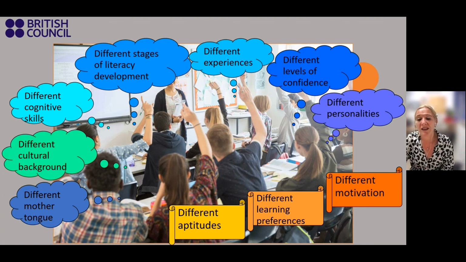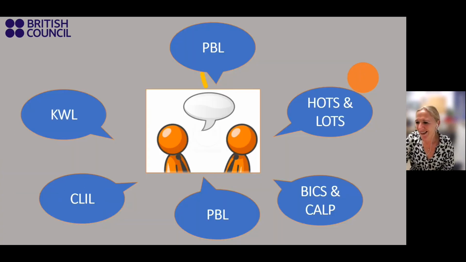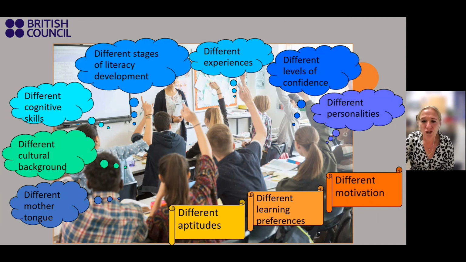Each student brings their aptitudes, their learning preferences, and their motivation into the class. And these are elements that we can truly work with and work on when we're focusing on project-based learning.